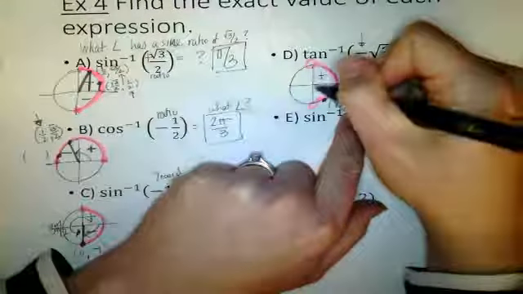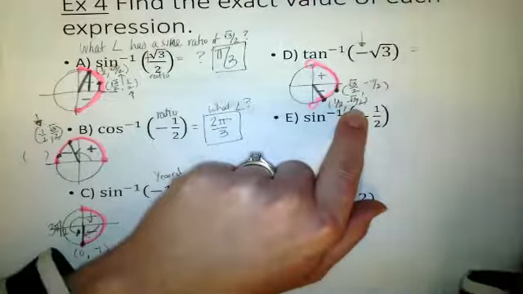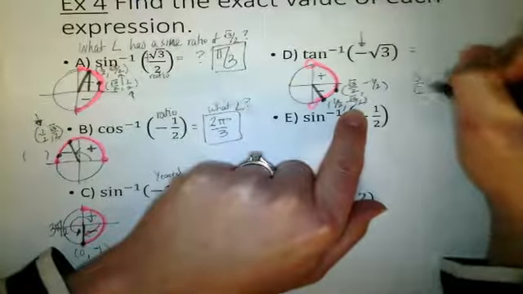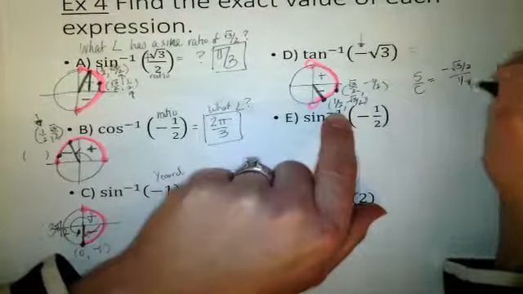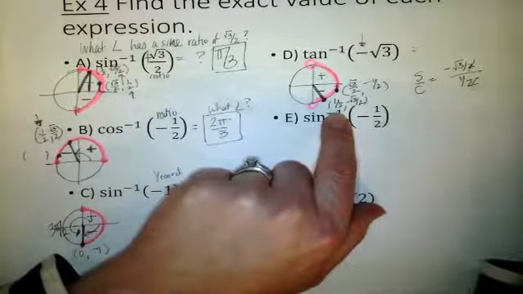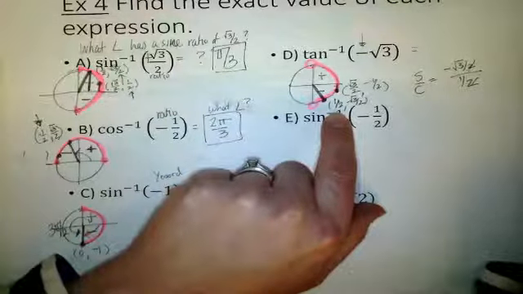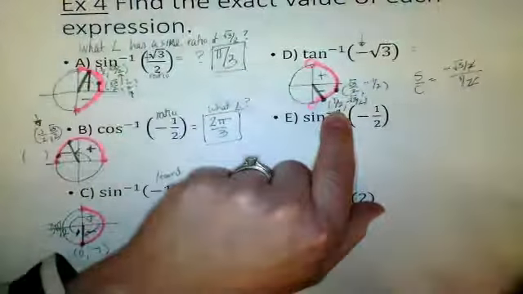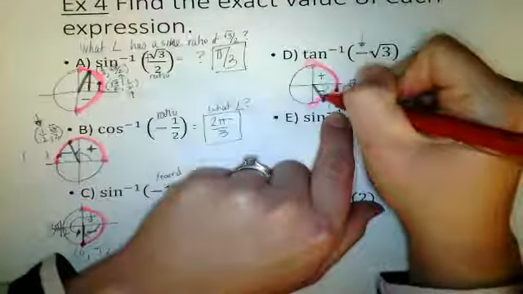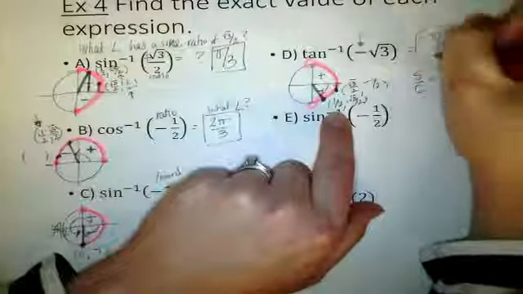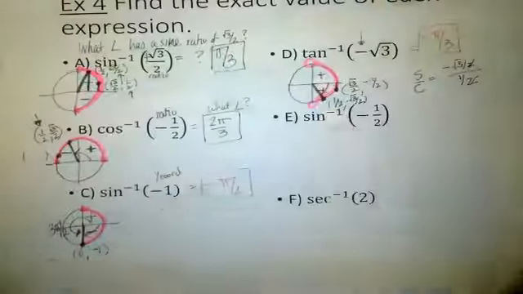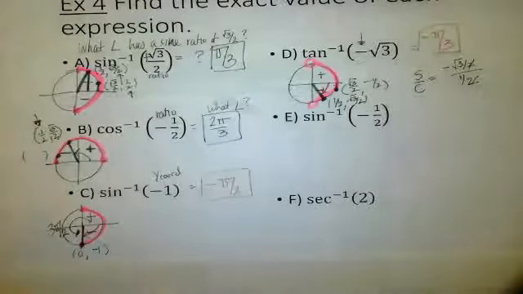The lower one, yeah, this one right here. If we do sine over cosine, negative radical 3 over 2 divided by 1/2, the 2's would cancel out and we're left with that negative radical 3. So what angle is that? Negative pi over 3, very good. Not that big pi divided into 3 large pieces.